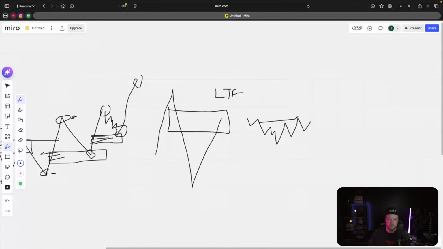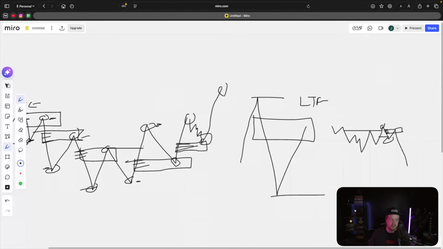We want to wait for a liquidity sweep, a market structure shift, and then again, we can draw our fib, and we're going to identify the levels, and then we are going to enter our trade on the lower time frame inside of this big time frame POI, and then we are going to target the next high or the next low.